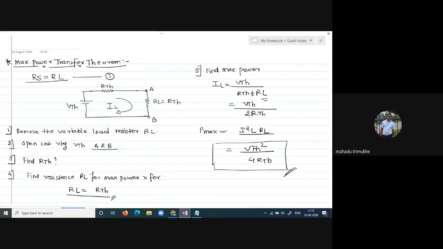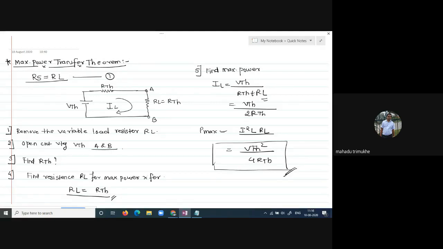In the same way, you calculate VTH for the controlled source: remove the load resistor RL and find the voltage across points A and B. But for calculating RTH, the steps are different. Whatever is open circuit at the load resistor, you have to short circuit, and from that short circuit you calculate the short circuit current.